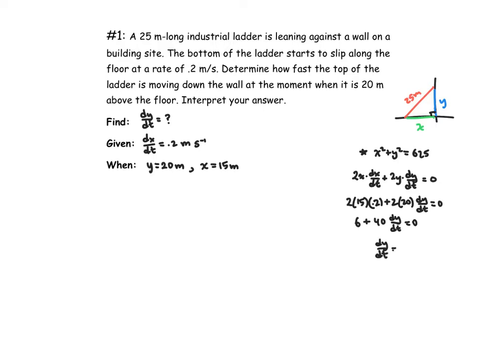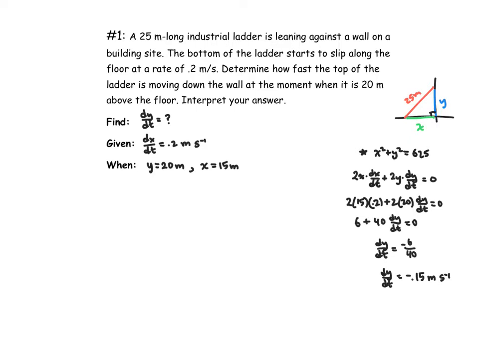So dy/dt is equal to negative 6 over 40, which reduces to negative 0.15 meters per second. So the top of the ladder is moving downward at 0.15 meters per second when the top of the ladder is 20 meters above the floor. That's your interpretation right there.